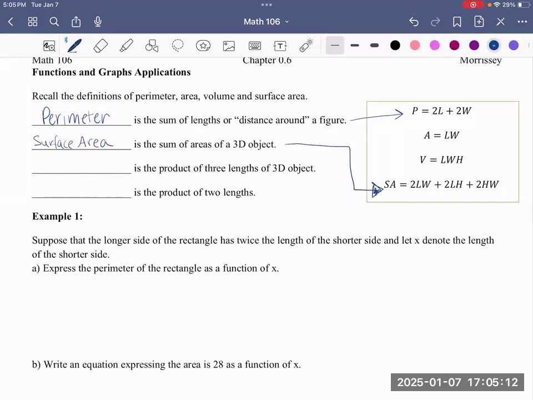Now, what is the product of three lengths of a 3D object? The product of those lengths is called your volume. And lastly, the product of two lengths is your area. That one over there.